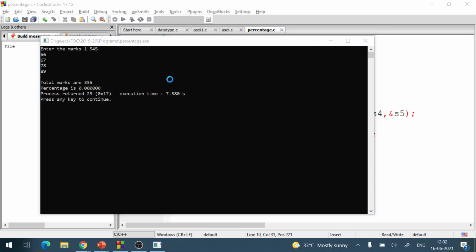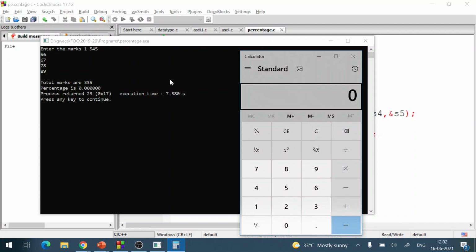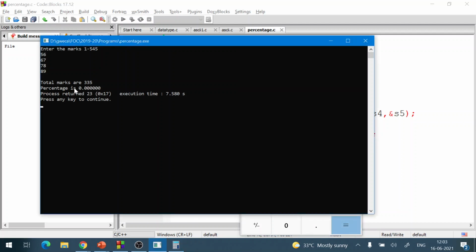And if I use a calculator, 335 divided by 500 should give the percentage. 335 divided by 500 is giving you 67 percent. Now 67 percent has to be the answer, but the answer is coming 0.